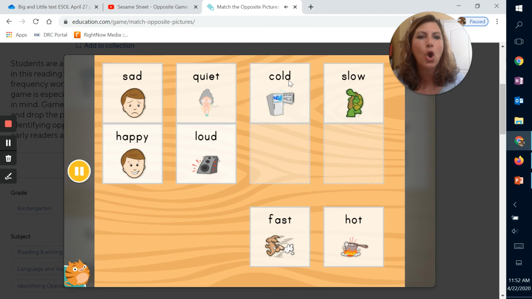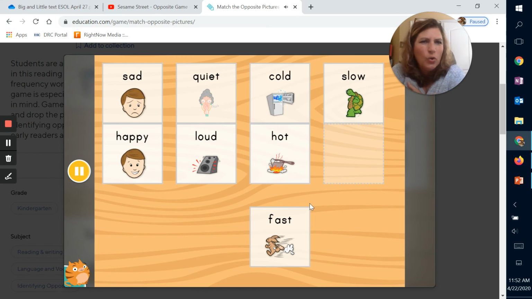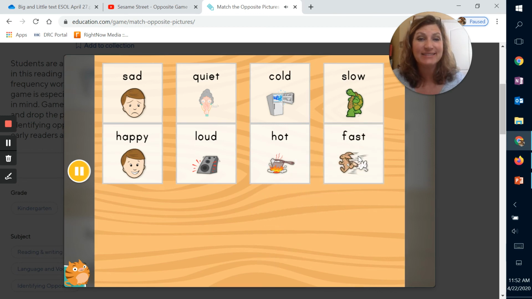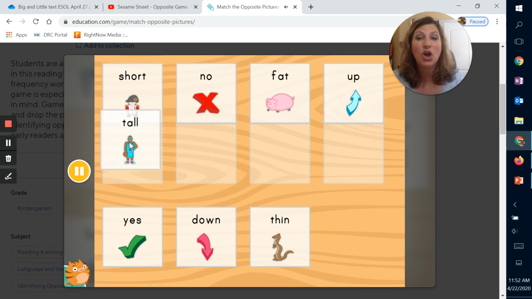The cold, the opposite of cold is hot. If you're not cold, you might be hot. And the opposite of slow is fast. Very good. All right, one more time. Ms. Proctor's going to do it with you. Short. The opposite of short is tall.